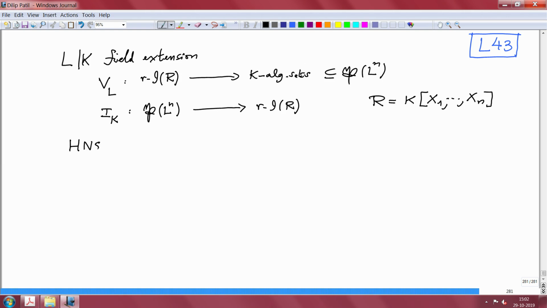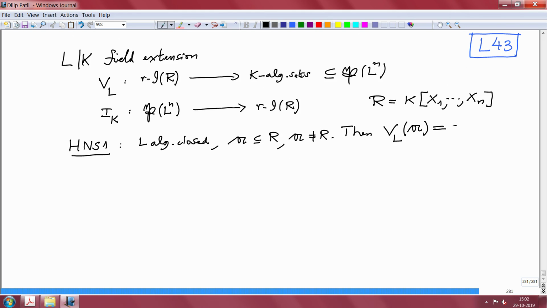HNS1 says if L is algebraically closed and A is an ideal in R, and A is not R, then VL of this ideal is non-empty. So, that is, there is at least one point in this algebraic set.